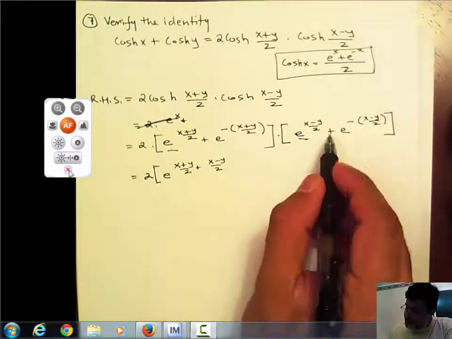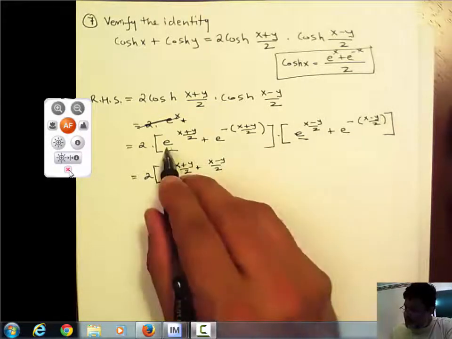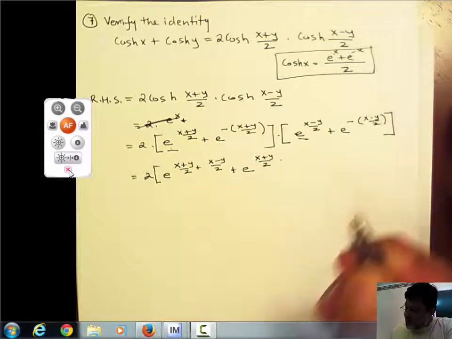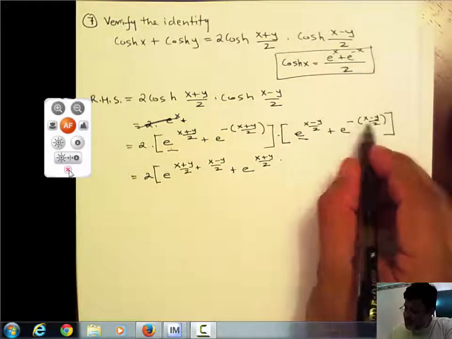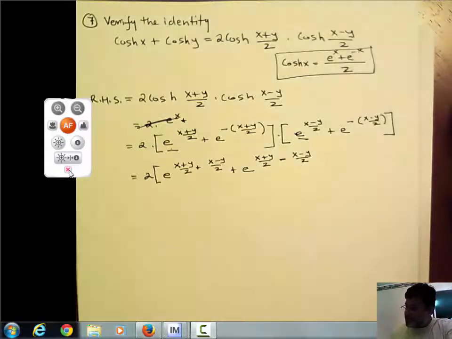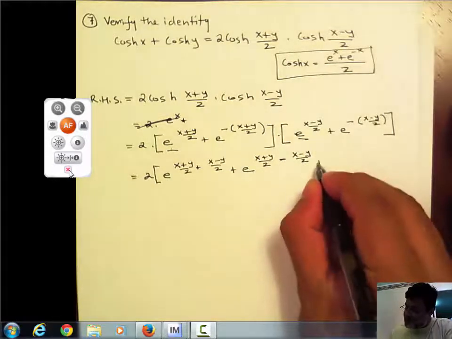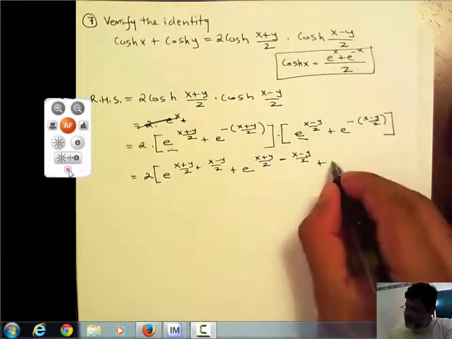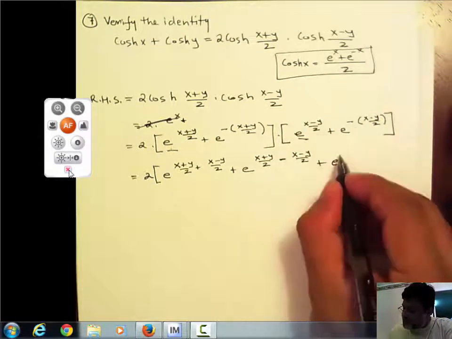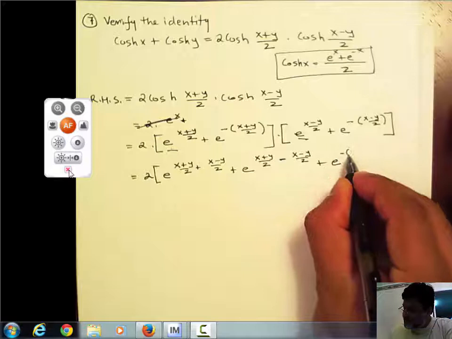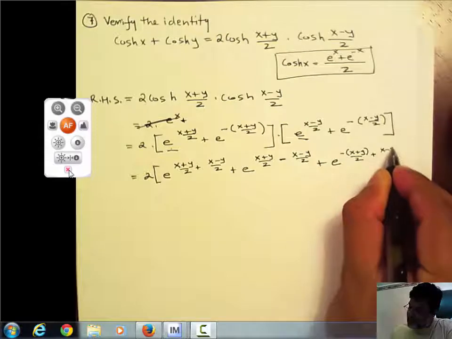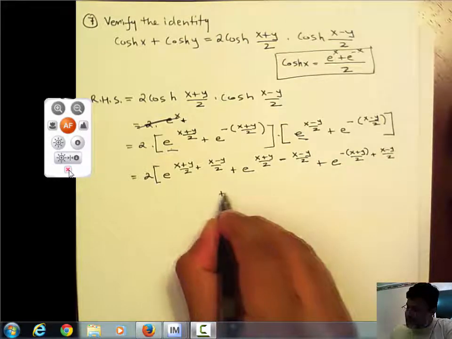So positive e to the x plus y over 2 plus minus that, which is same as subtract x minus y over 2. Next term, this times this, which is same as you're multiplying, so you add this one to that one, or I can swap them. And last one, this times this.